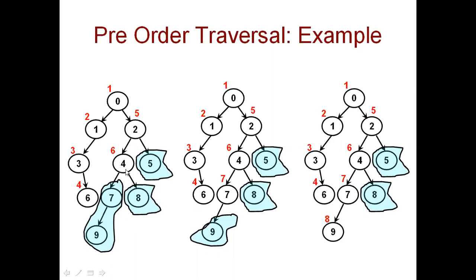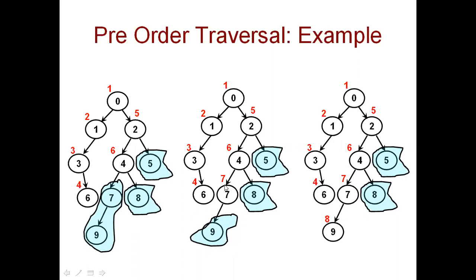Now if there was a right child of this 7, we should have gone after this 9, we should have printed the right child of 7. There's nothing to the right of 7. So we printed the root 7, went to its left subtree, there's nothing to the right of 7, so nothing to print.